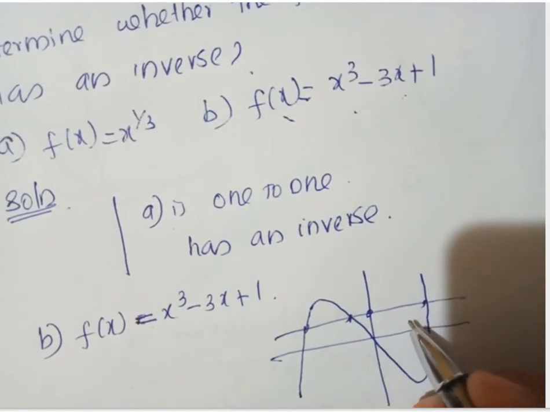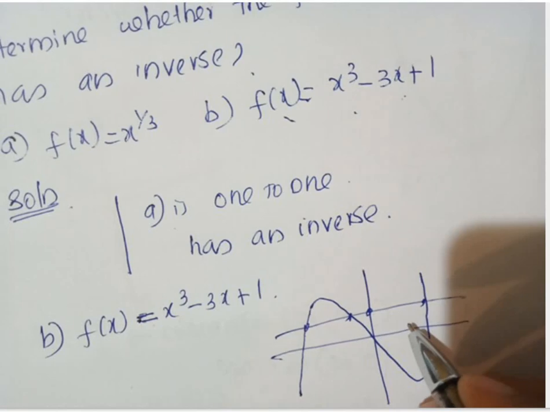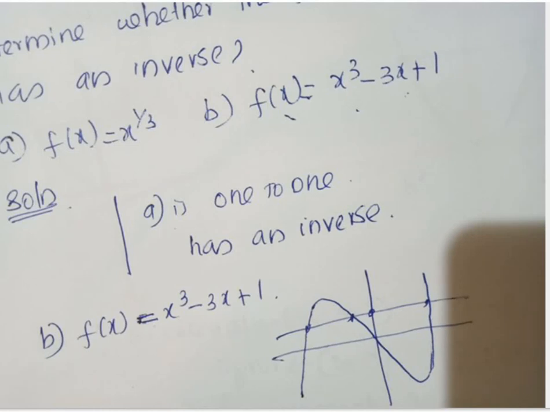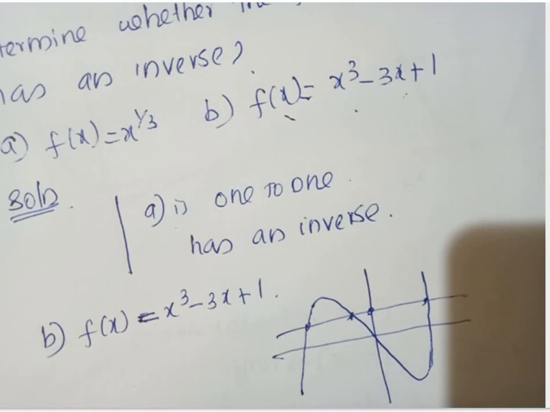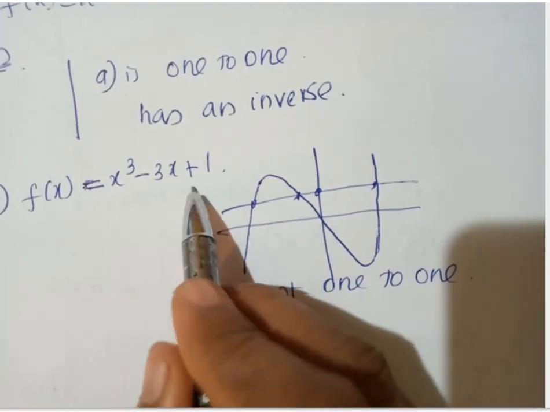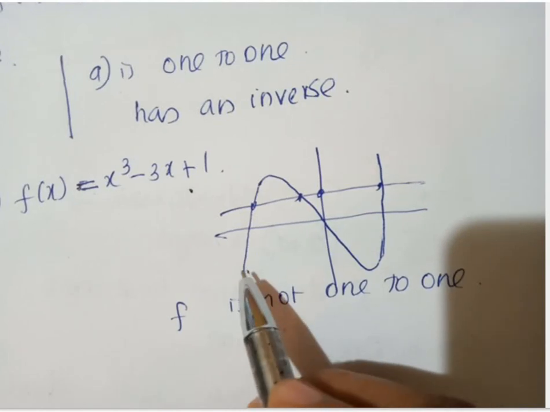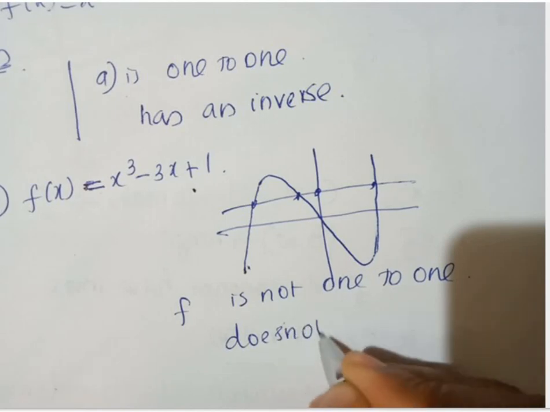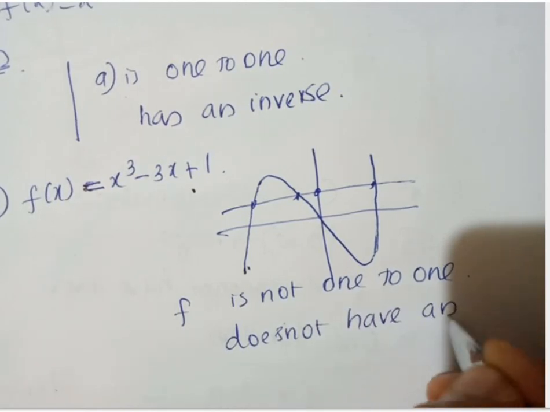The horizontal line passes through more than one point on the graph, and then we say that f is not 1 to 1. This graph is not 1 to 1. So we can say that this does not have an inverse.